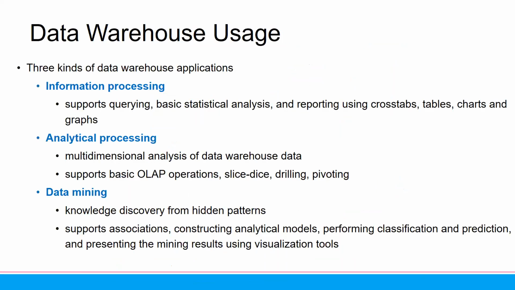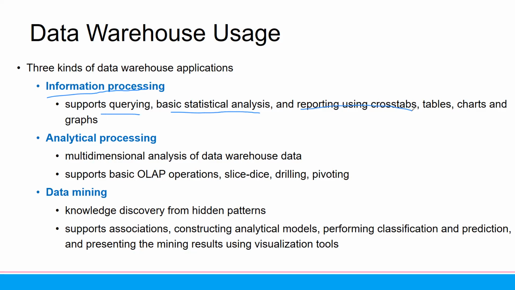From the usage perspective, the data warehouse can be distinguished into three different kinds of application. The first is information processing. We already learned how to process the information, like can we do the query, and shall we do basic statistical analysis?